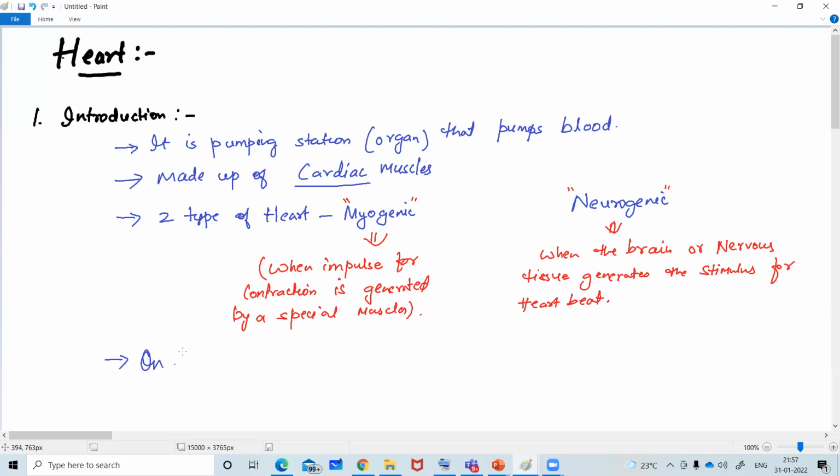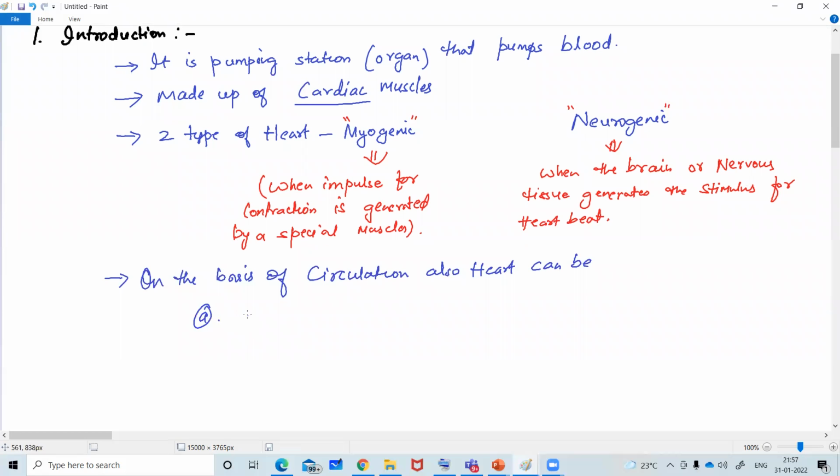So you can say that on the basis of circulation also, the heart can be, let's discuss first, a single circulatory system, and second is a double circulatory system. Or you can say single circulation heart or double circulation heart, right?